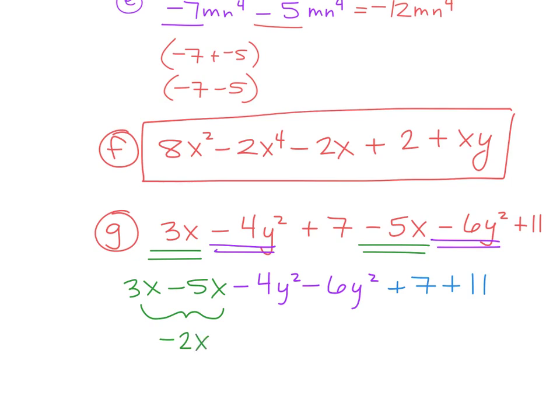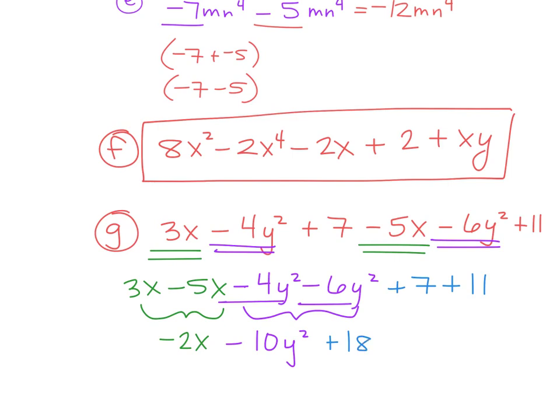Negative 2x. What's that? Minus 10y squared, right? Negative 4 and negative 6. Don't forget that minus out in front of the 4. Then what? Plus 18. Plus 18. Okay.